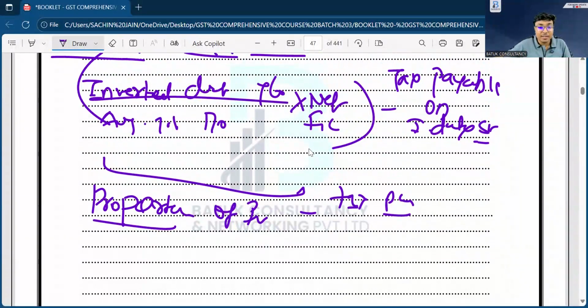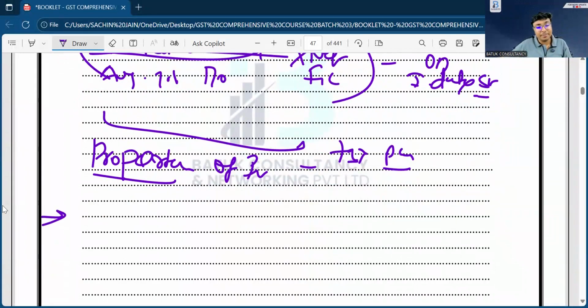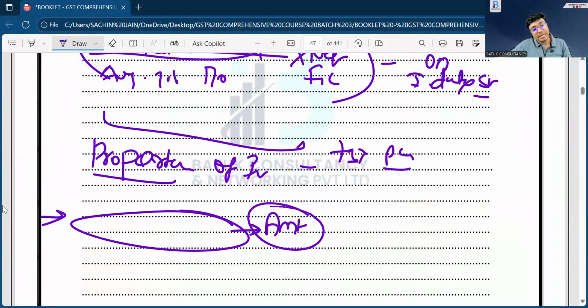That means whatever tax you have paid on the turnover declared for this inverted duty structure, you reduce from the proportionate input tax credit, and the remaining amount will be called your maximum amount eligible for refund.